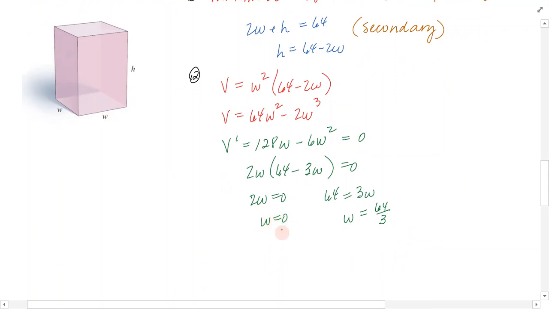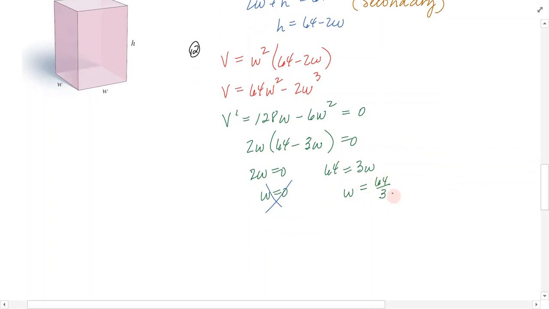So for me to have a critical value of 0 here doesn't exactly make sense. So I don't need that W, because remember, we're looking for the maximum value in the first place. So instead, we have this critical value here, our second critical value from our equation, and it is the max that we are looking for.